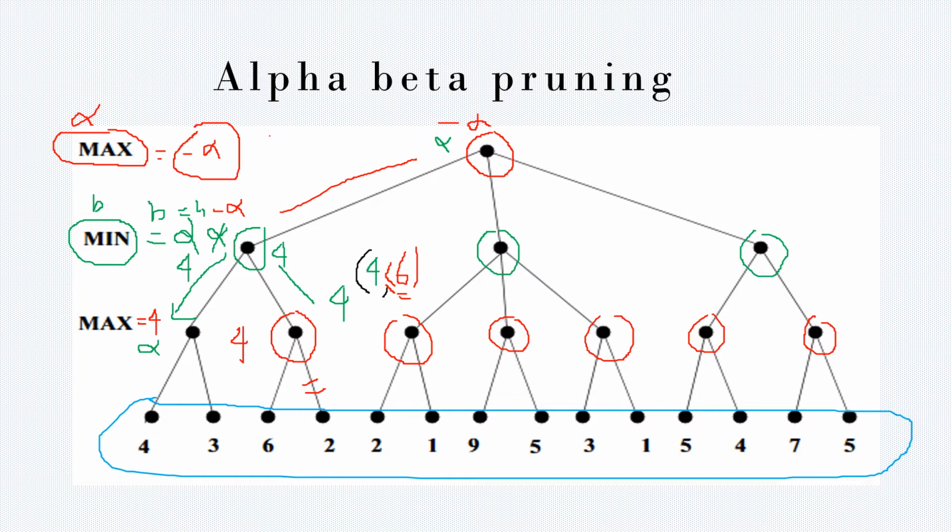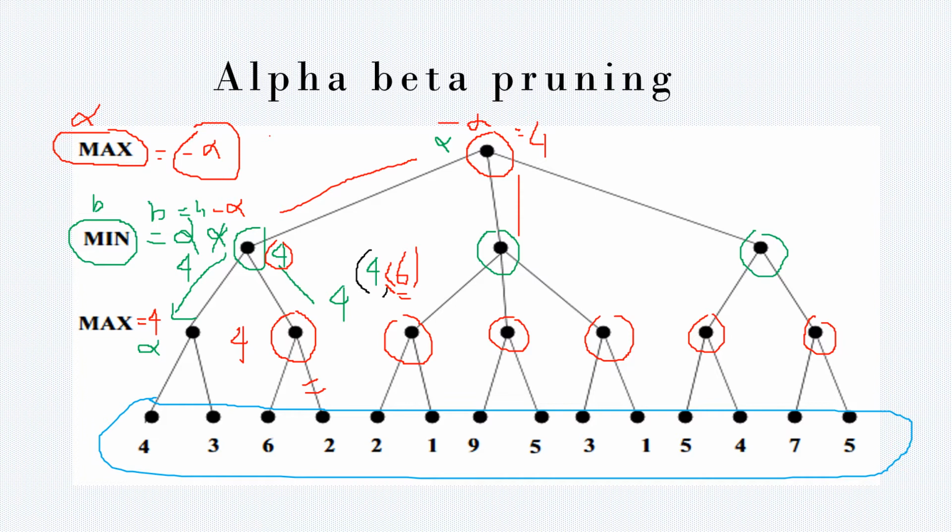Here the value is minus infinity and here the value is 4, so that value will be equal to 4. Now the max will try to take a value which is greater than 4.